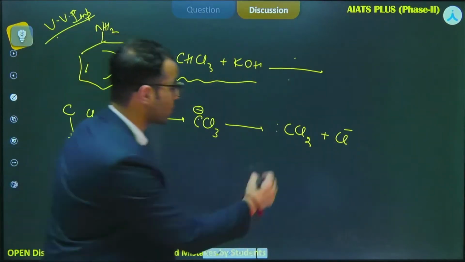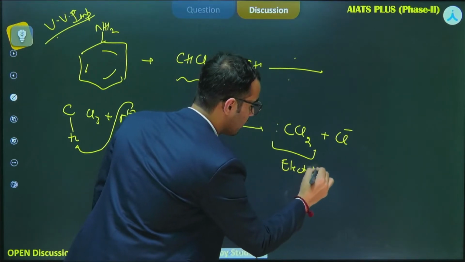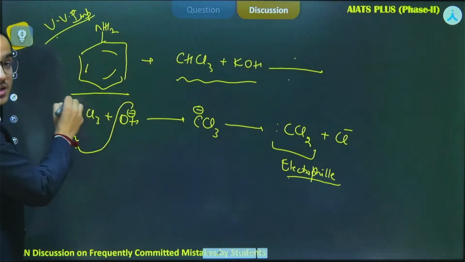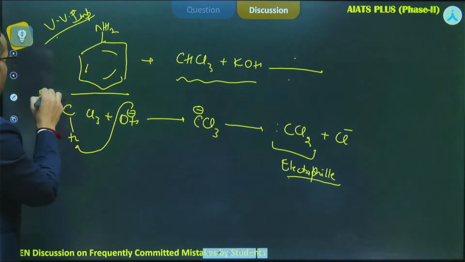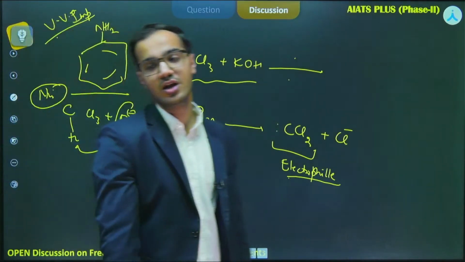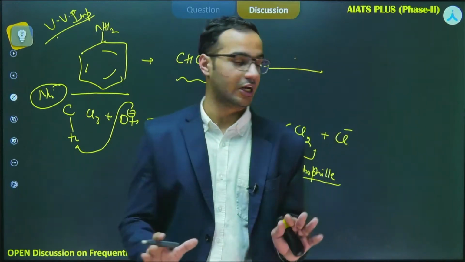this will act as an electrophile, and this will act as a nucleophile, and this is simply an electrophile-nucleophile reaction. Okay, we will go into much detail in this part.